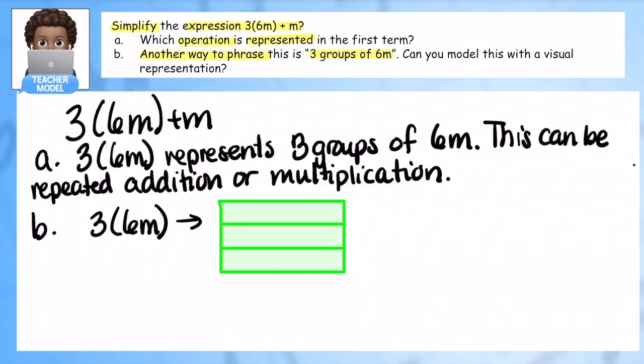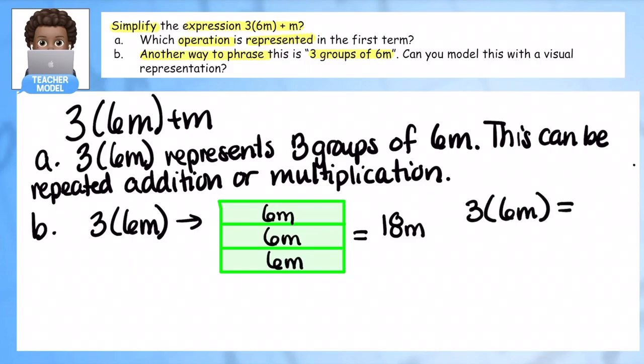And in each group, I have 6m. And I could simplify this by combining like terms and just saying I have 18m. So 3 times 6m is equivalent to 18m. Those are 2 other ways I can visually show and represent this problem.